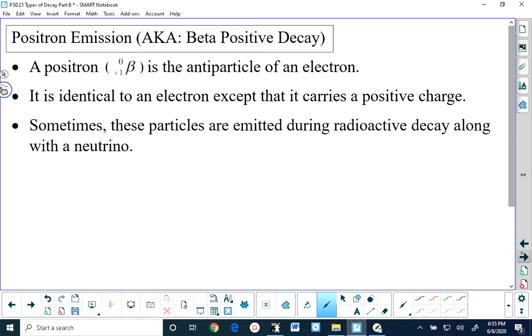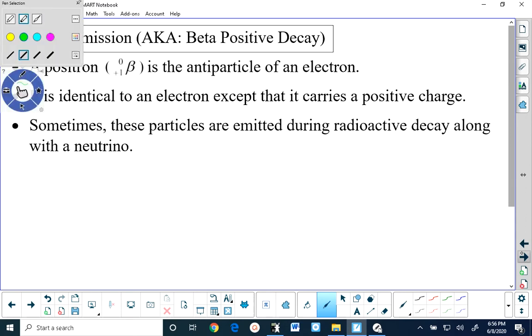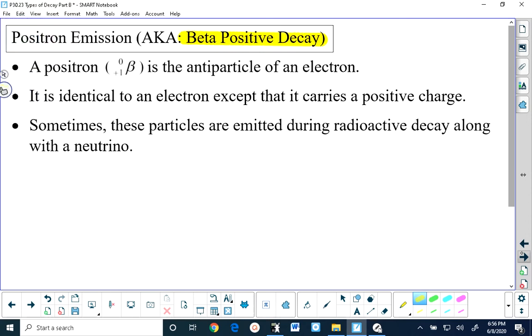Let's take a look at something now which is not one of the three main types of decay. There is alpha decay, beta decay, and gamma decay, but there's another type of decay very closely connected to beta decay. It's called beta positive decay, and it's sometimes just referred to as positron decay or positron emission. A positron is the antiparticle of an electron.